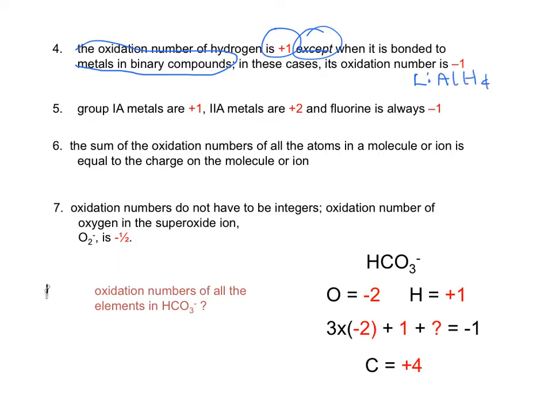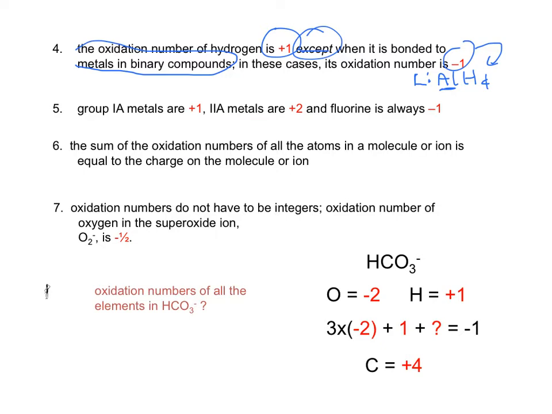This is a very common reducing agent used in organic chemistry. The hydrogens here are called hydrides, and they actually have a -1 oxidation state. Notice it's bonded to a metal, and this is one of the few cases where you will see hydrogen have a -1 as opposed to a +1 oxidation state.